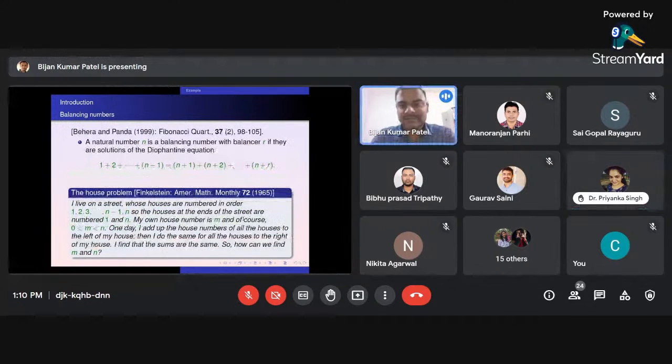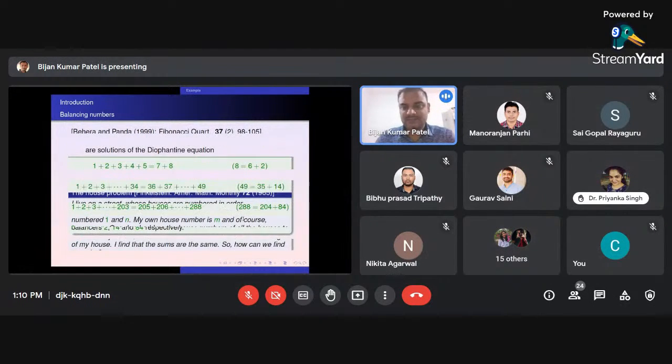Okay, so basically in the definition, in the right hand side, r is the balancer. Here in this equation 1 plus 2 up to n minus 1 is equal to n plus 1 up to n plus r, r is called the balancer. I'm not emphasizing r because my application is based on the balancing sequence.